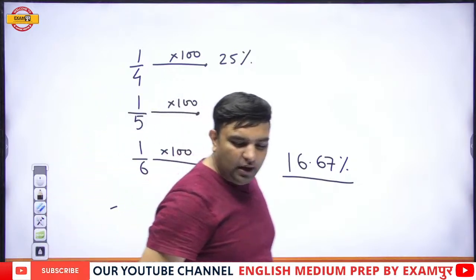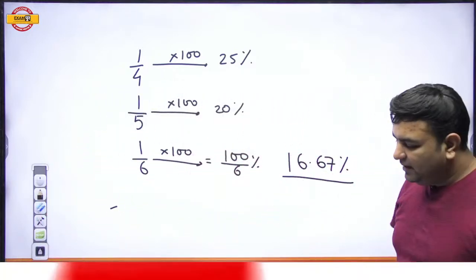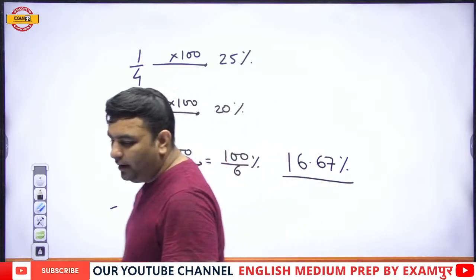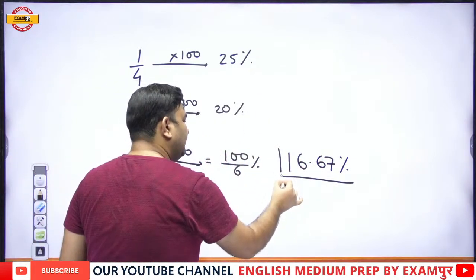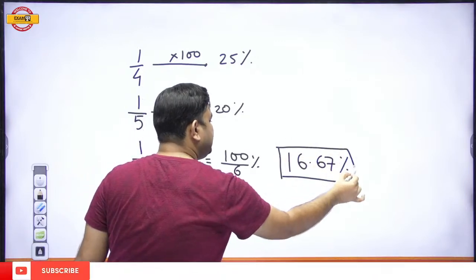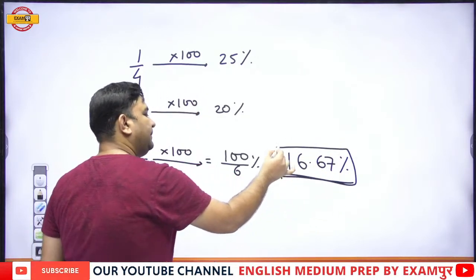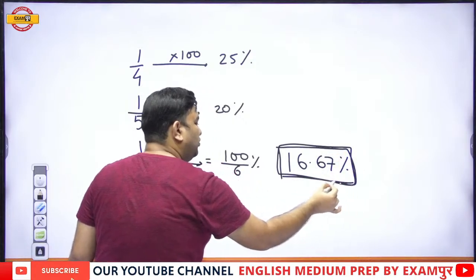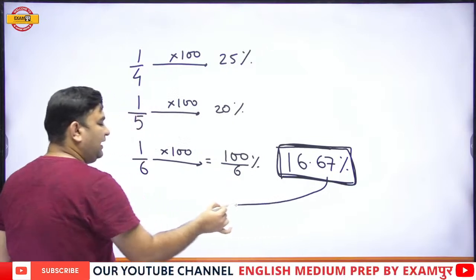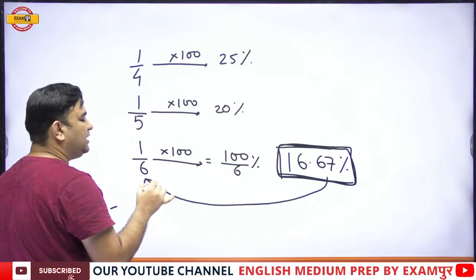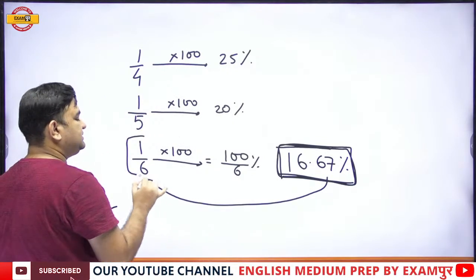What is the point to be learned from here? Good morning, Subham. The point to be learned from here is that wherever you find 16.67% in the question, you will directly replace it by its fraction counterpart, 1 by 6.